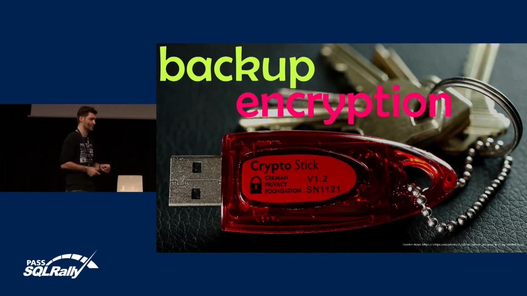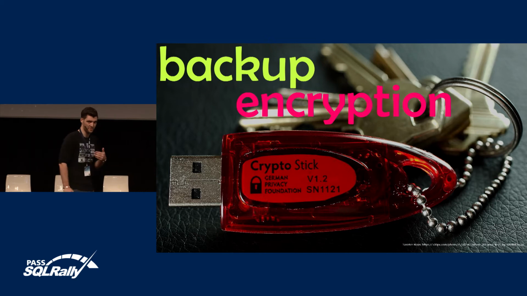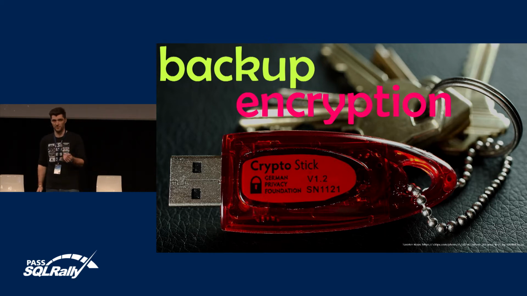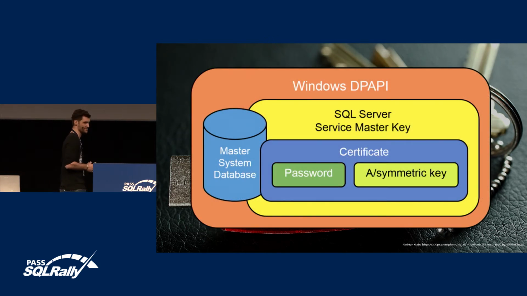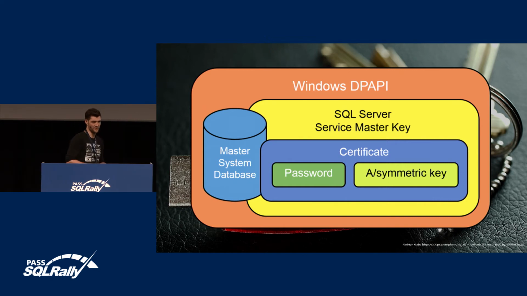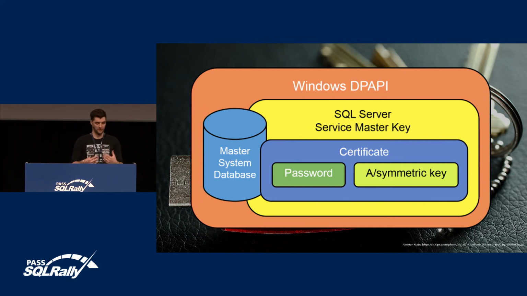Now, talking about keys, there's no encryption without keys, and the same is also true for backup encryption. So what you need is, first of all, a database master key, which is actually a symmetric key that you create out of your master database, right? Now that master key is encrypted by the SQL Server's service master key, right?